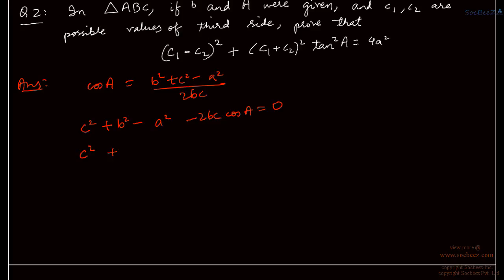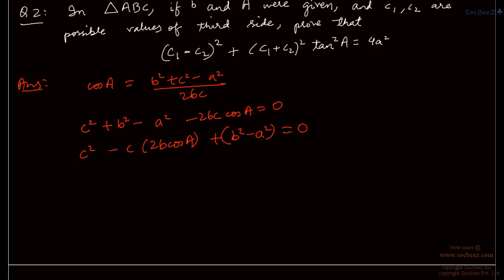So this can be written as c squared minus c into 2b cos A plus b squared minus a squared equal to 0. Now he says c1 and c2 are possible values of the third side. The third side is c and we have obtained this quadratic relation here. So that means c1 and c2 must be the roots of this equation.